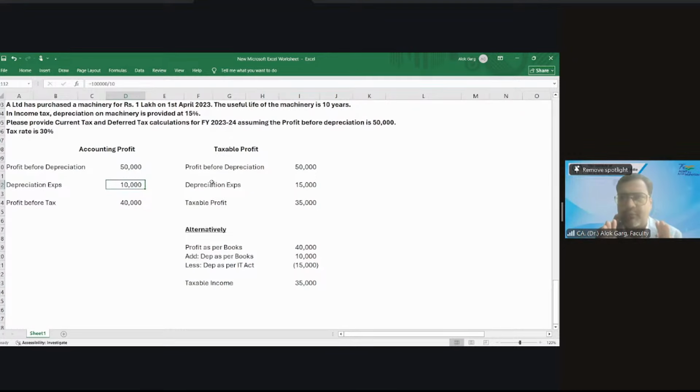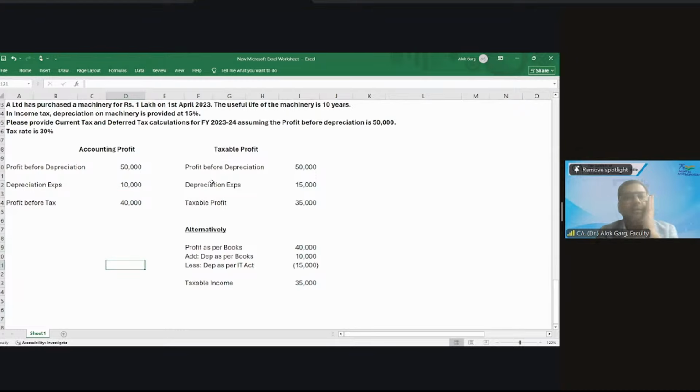In accounting books, the total depreciation over the life is 1 lakh. In income tax books, the total depreciation over the life is 1 lakh. That's all, right? But year over year, the amount is different.